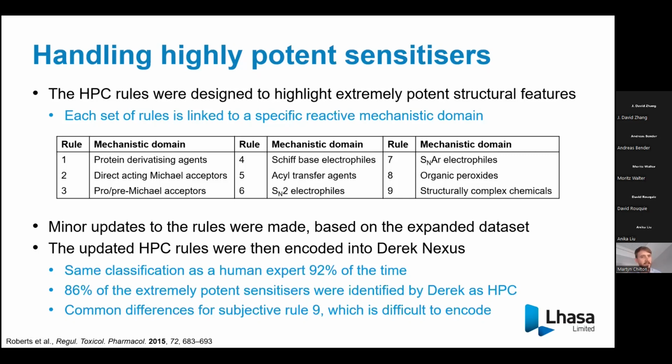This is a case where a human expert looks at a structure and says, I don't actually know whether that's going to be highly potent or not. There's complexity in that structure, so I'm going to say it might be highly potent as a worst case scenario. That proved quite tricky to encode into an in silico system because it's quite a subjective rule. So that was the one which we couldn't encode, and that was one area where there might be a difference between what a human said and what the computer model says.